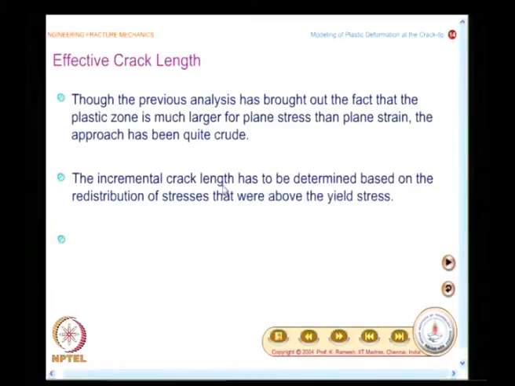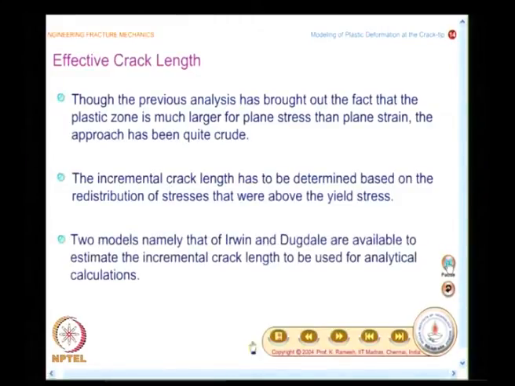The incremental crack length has to be determined based on the redistribution of stresses that were above the yield stress. If you do not do that, the estimation of incremental crack length would be erroneous. And if you look at the literature, two models exist. One model was proposed by Irwin and another model was proposed by Dugdale.